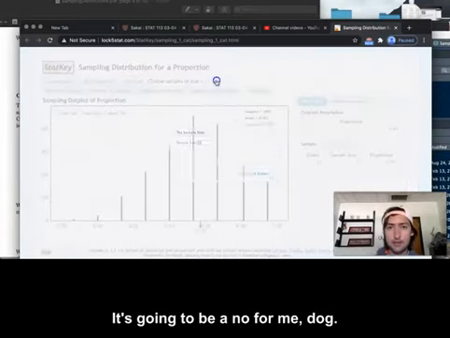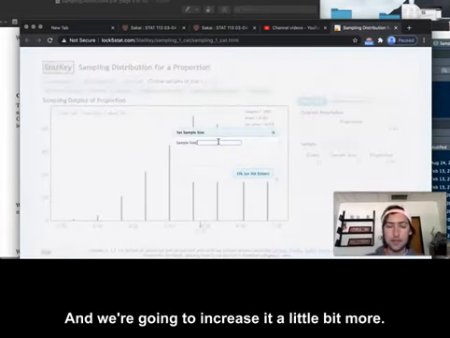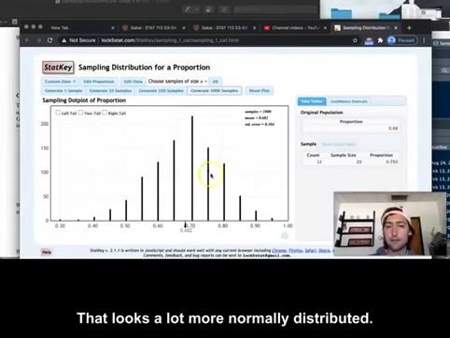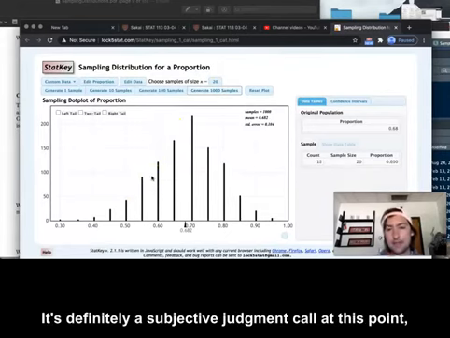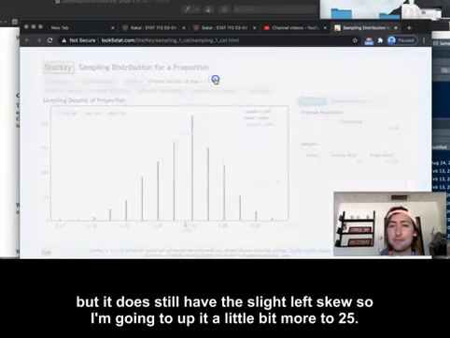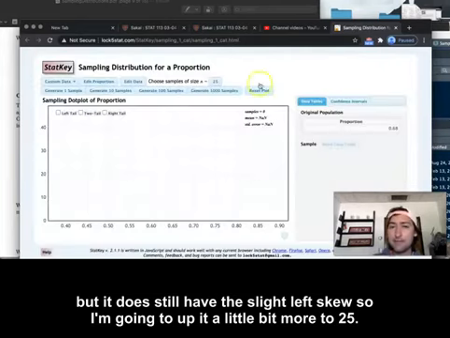That's going to be a no from me, and we're going to increase it a little bit more. That looks a lot more normally distributed. It's definitely a subjective judgment call at this point, but it does still have the slight left skew, so I'm going to up it a little bit more to 25.